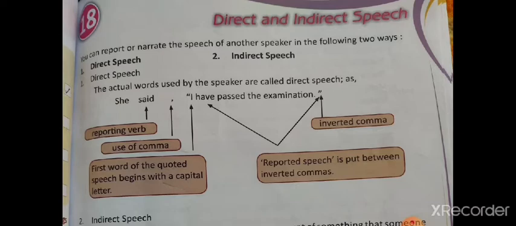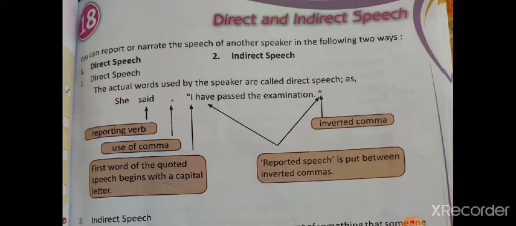So with these two words, we can easily find out whether the speech is direct or indirect. This concept is quite easy if you understand it completely. Okay, so first we are going to study the direct speech.